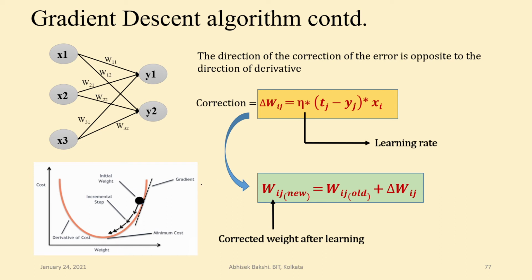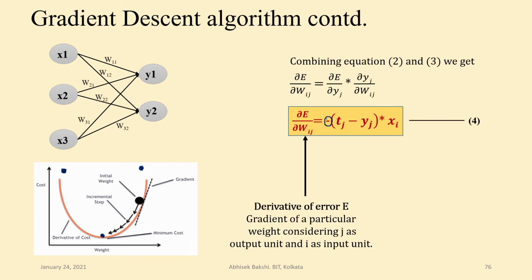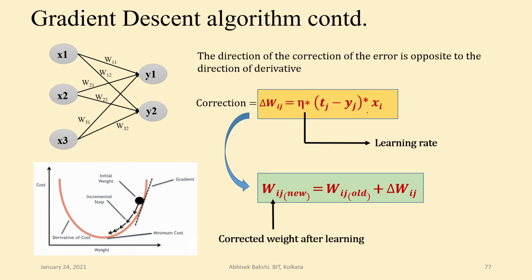So when you define this delta wij, you have to consider that it's actually minus. Since I already had a minus over here, another minus will get cancelled out, and finally I will get this equation. This is my weight correction, and that will be added to the old wij. We'll find the new wij for the next pattern.